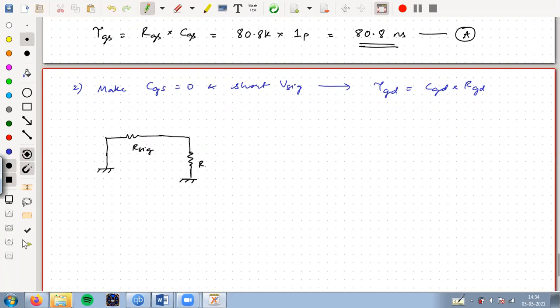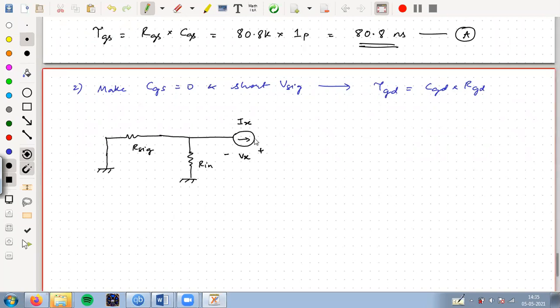This is Rn. Now what I have to find is the impedance seen across CGD, that is RGD. So I will assume a small current source here. I'll assume the current going through it to be Ix and the voltage across it to be Vx.